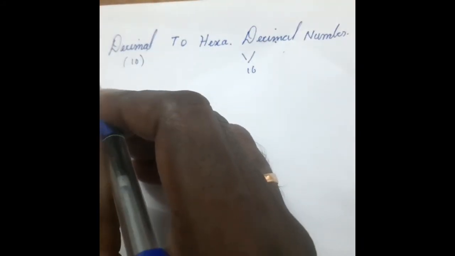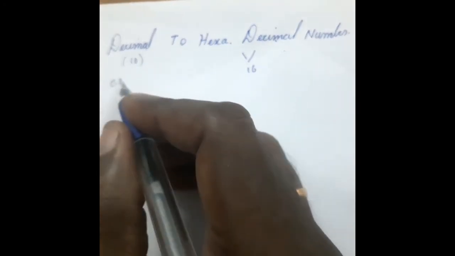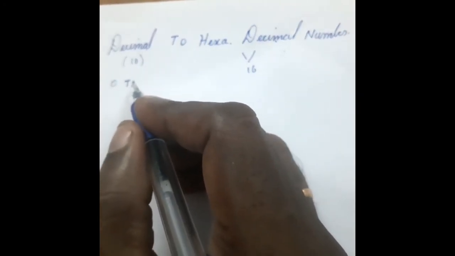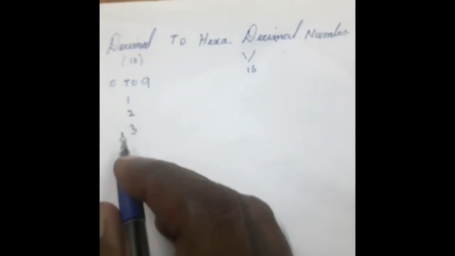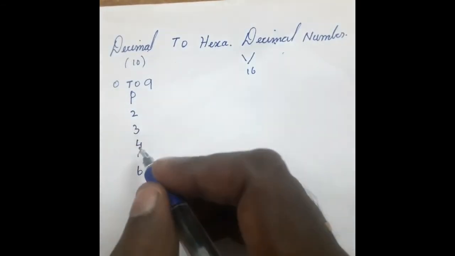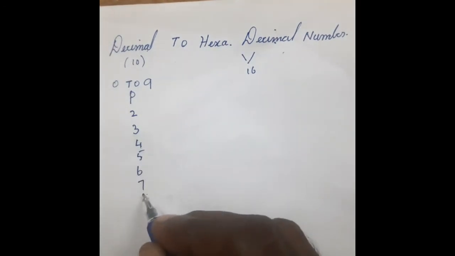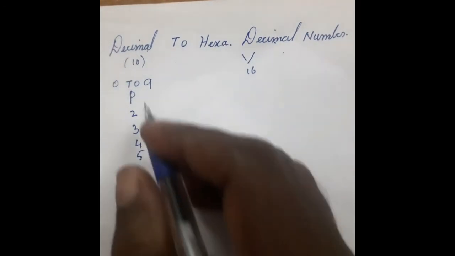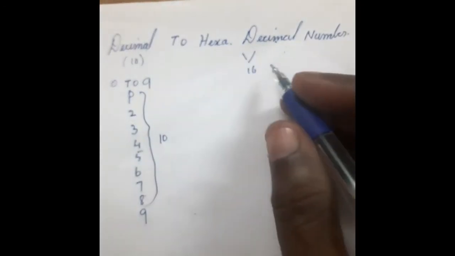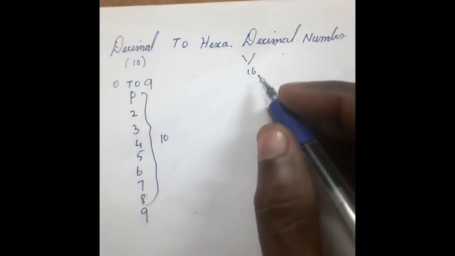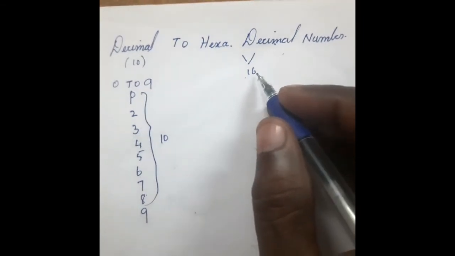The decimal number is from 0 to 9. Sorry. 0, 1, 2, 3, 4, 5, 6, 7, 8, 9. So totally 10 numbers. The hexadecimal number system base value is 16.